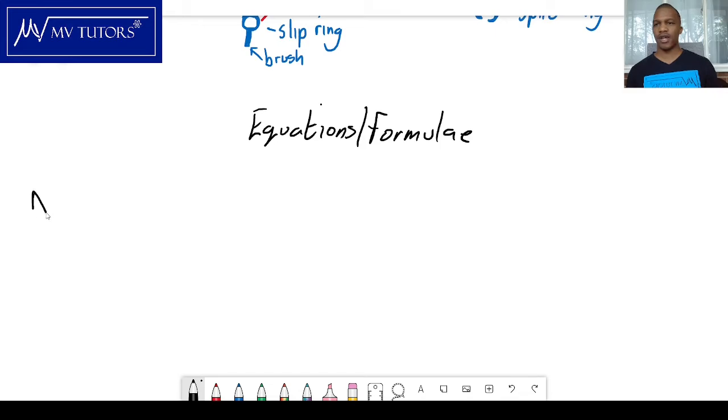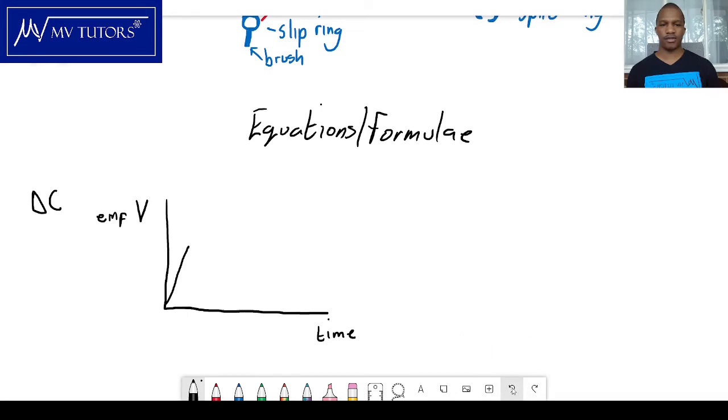For a DC, if you plot the EMF, the voltage, against time, because it's split, the voltage just swings: it goes up, comes down, goes up, comes down.